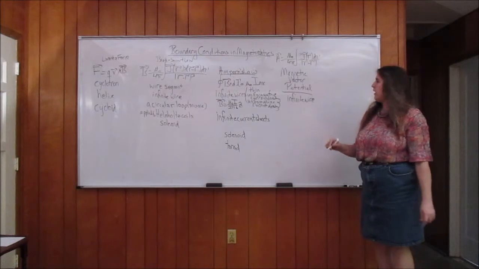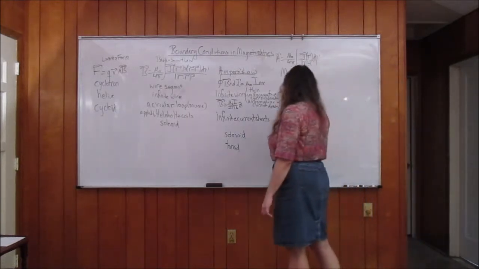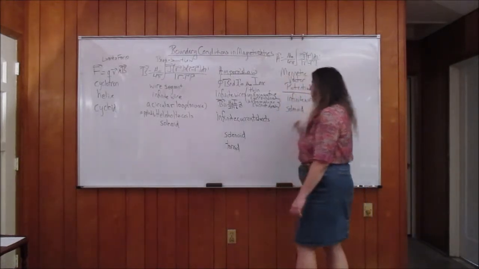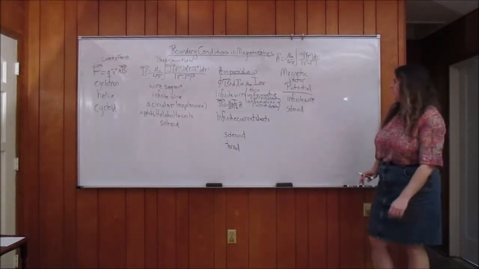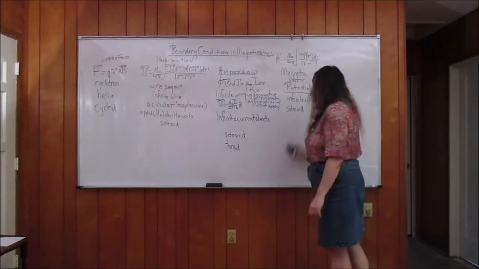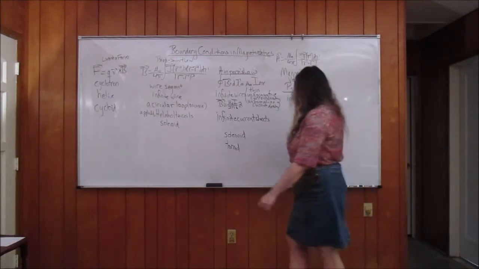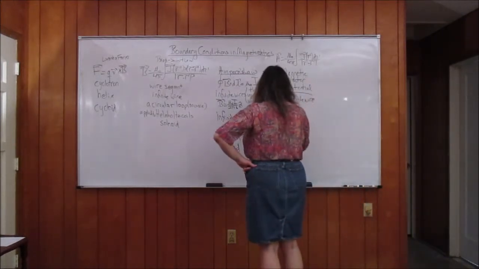And then we also looked at the magnetic vector potential due to a solenoid. Only in this case, we looked at it everywhere, not just, oops, I'm getting ahead of myself here. We looked at a current loop.